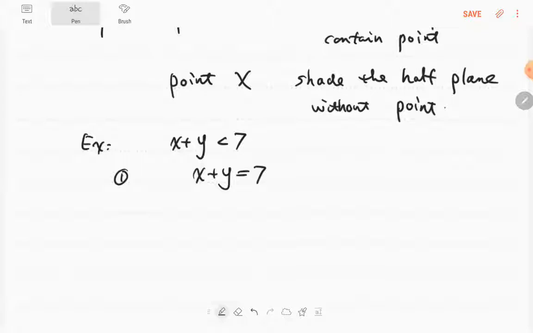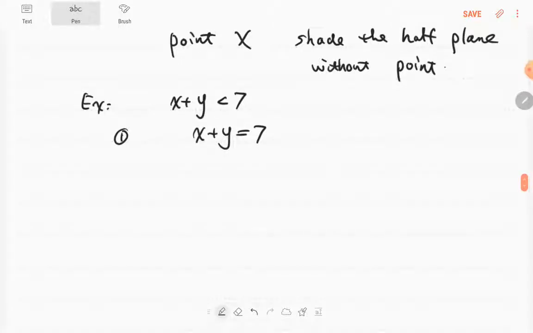How can we draw the straight line? We need to set several points, right? If we set x equal to 0, then y will be equal to 7. So we have the first point, 0, 7. This is also our y-intercept.